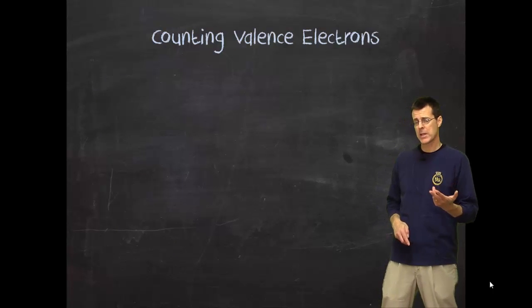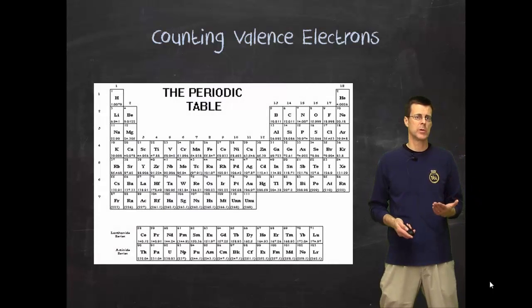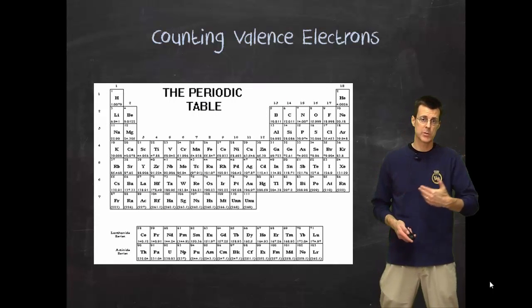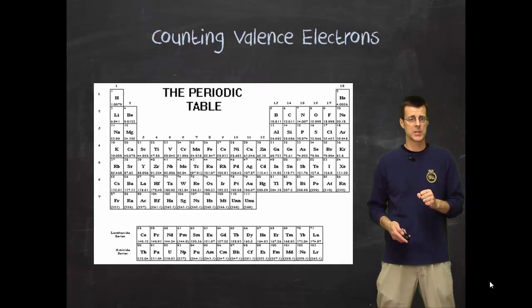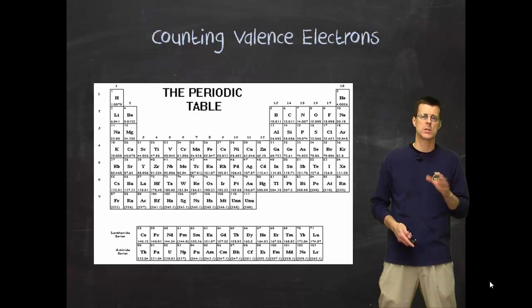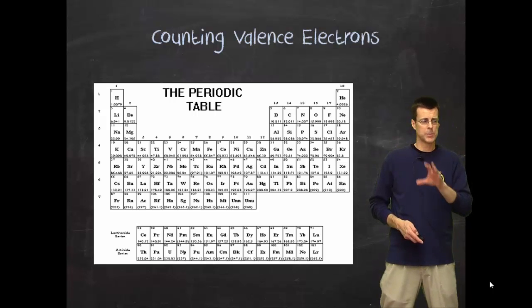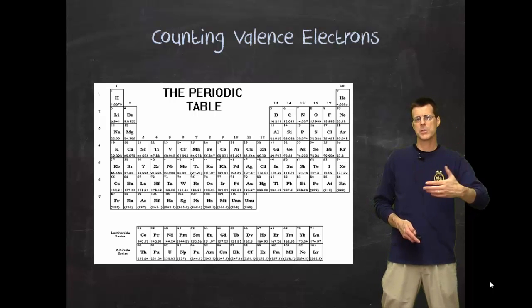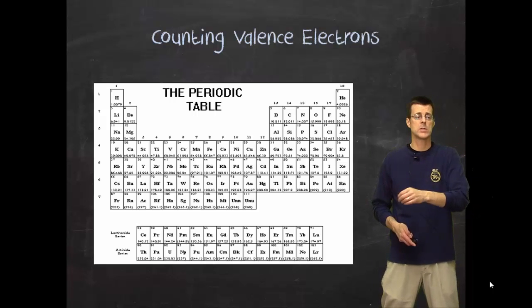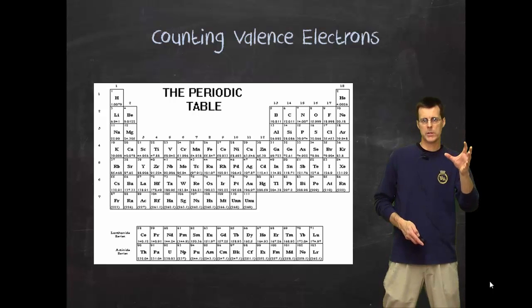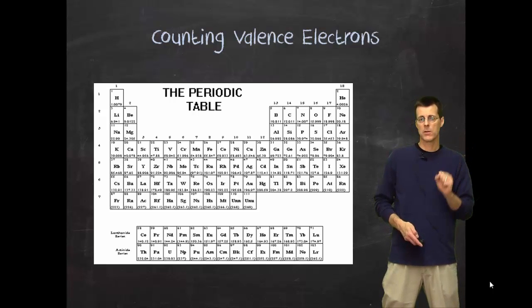So counting valence electrons requires us to use the periodic table. The group number is going to tell us a lot about the number of valence electrons. We're pretty much going to be focusing on the right-hand side of the periodic table. So we're looking at group 13, group 14, 15, 16, 17. Ignore the 1. So group 13, 3 valence electrons.